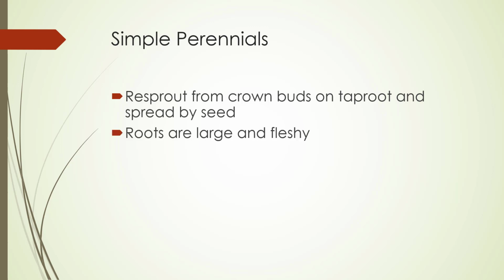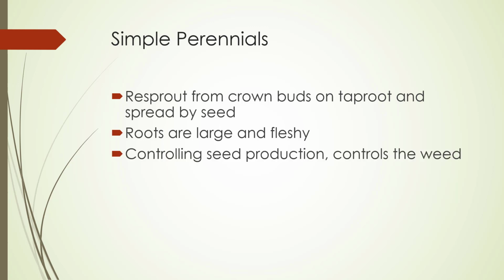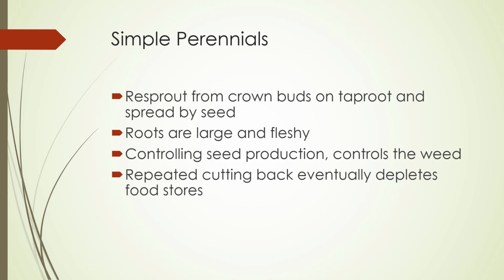Roots are large and fleshy. If you control the seed production, you're able to control the weed. And you can try cutting it back often. It eventually depletes the food stores. And of course, our favorite plant, the dandelion, is a perfect example of this.